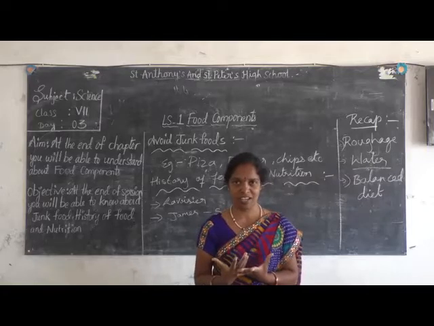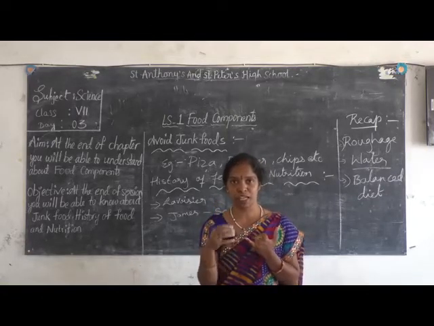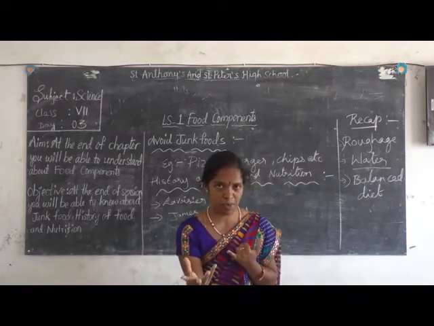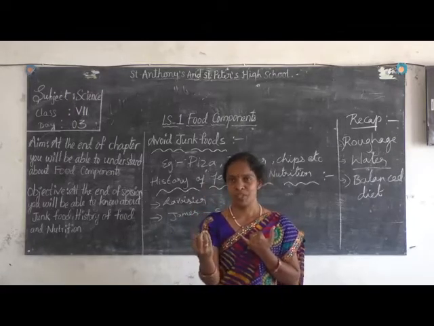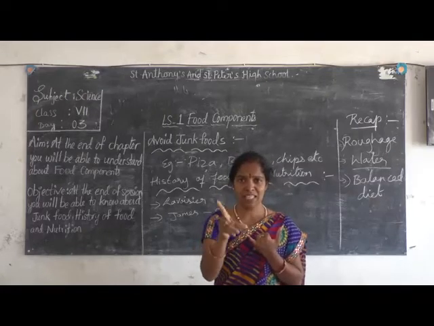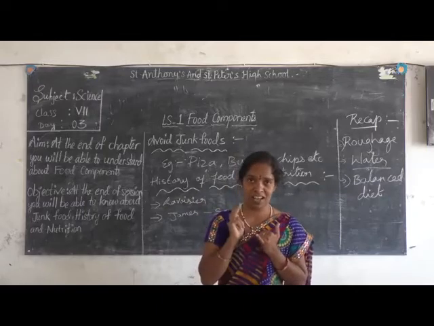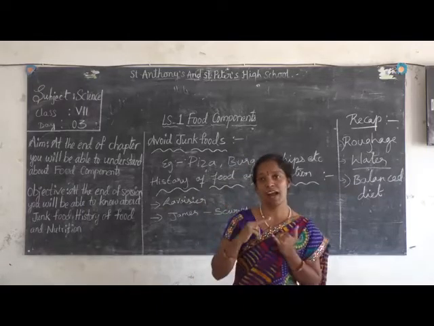The first reason is that by seeing the color of the food, we are attracted. Am I right? Take a pizza, a burger, and a Manchuria. By seeing the color itself, we are attracted.